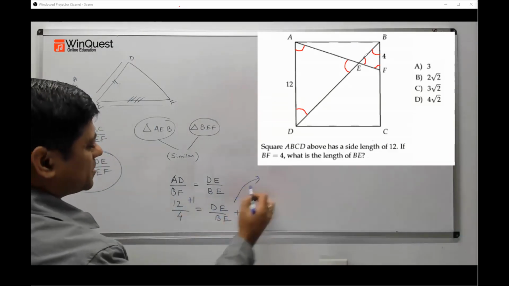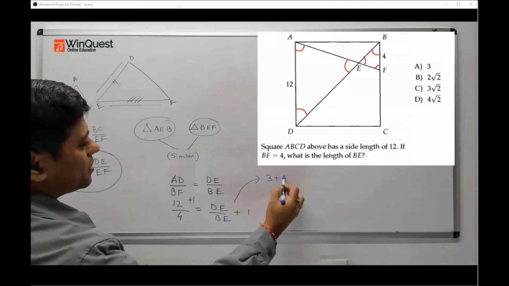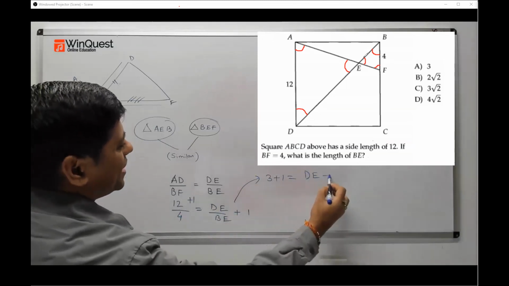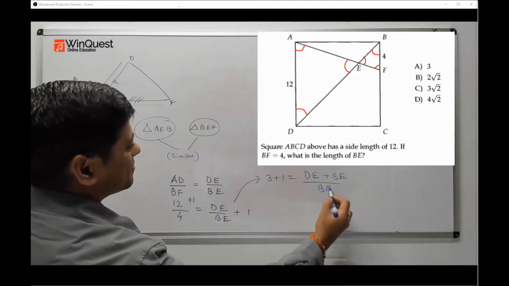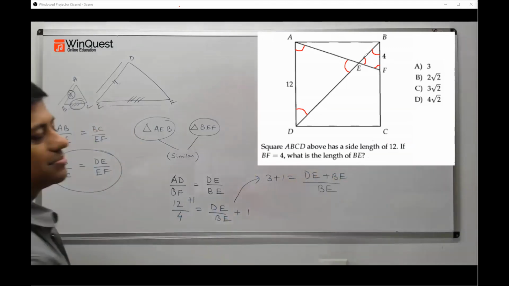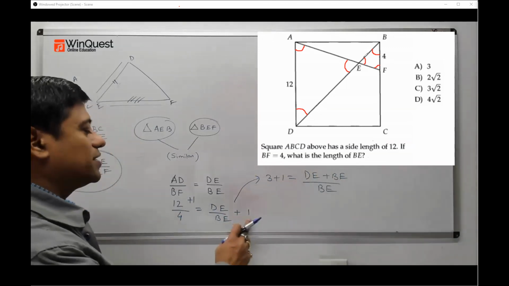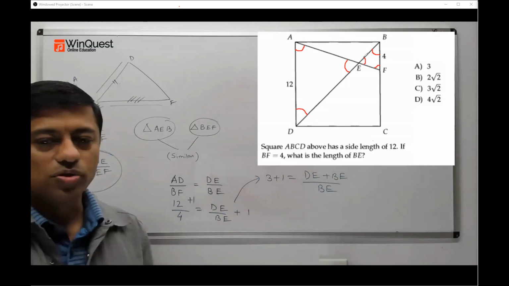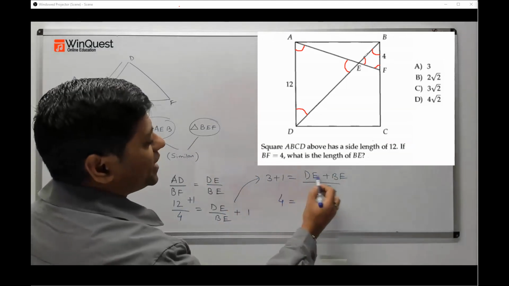So this becomes 12 by 4 plus 1 is equals to 3 plus 1 equals to DE plus BE by BE. Because see, I added 1. So I'm just making it like a proportion. Just added 1. So BE will go at the top. You will get 4 equals to DE plus BE by BE.